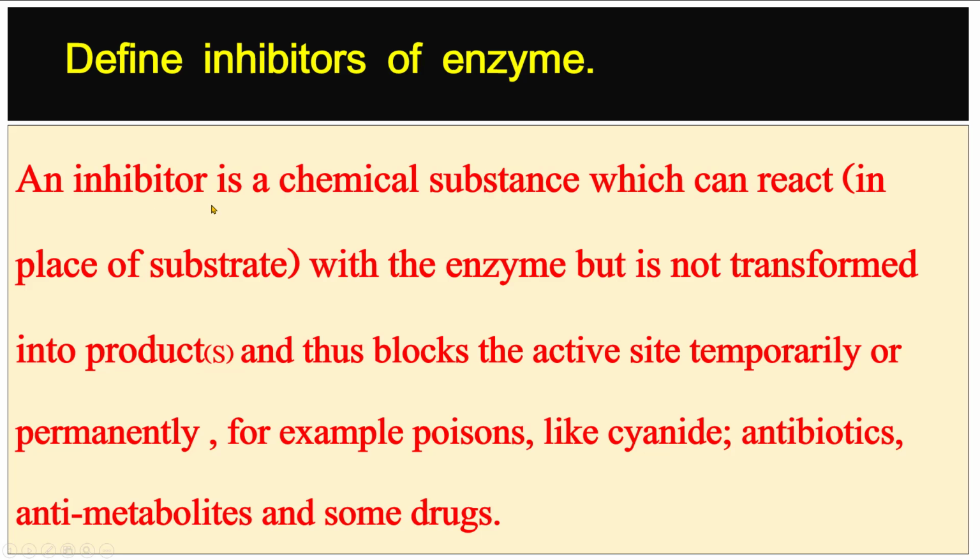An inhibitor is a chemical substance which can react in place of substrate with the enzyme but is not transformed into product or products and thus blocks the active site temporarily or permanently. For example, poisons like cyanide, antibiotics, anti-metabolites and some drugs.